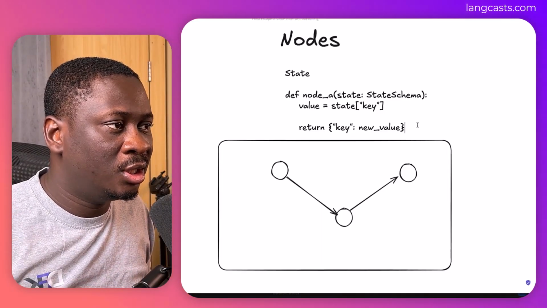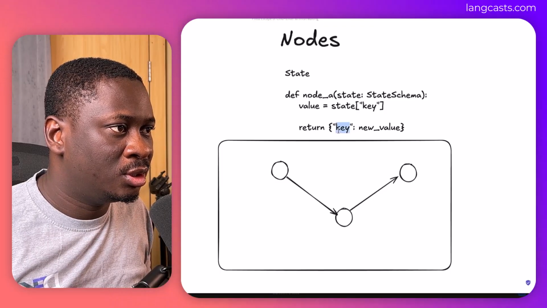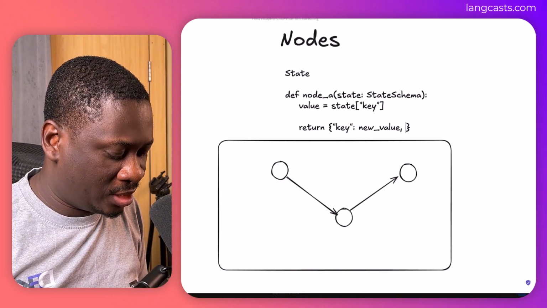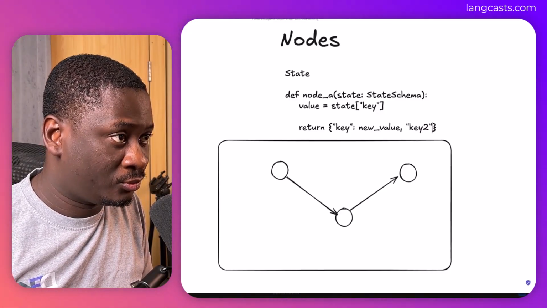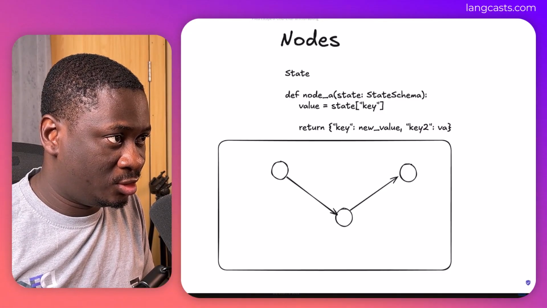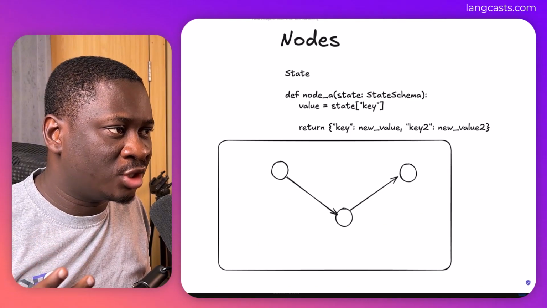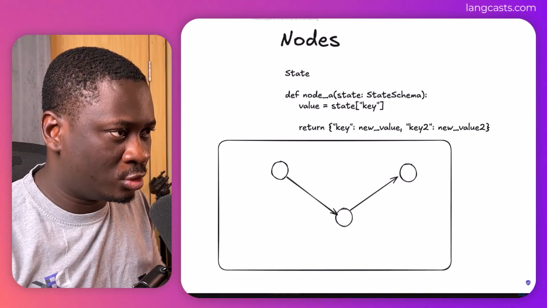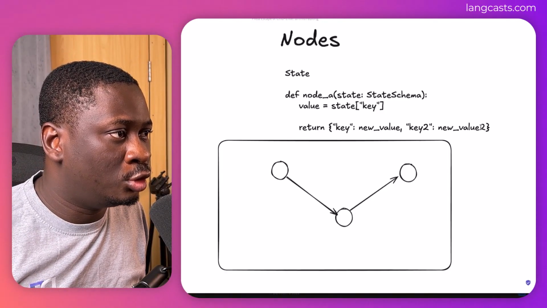You just need to return a dictionary of all the properties that you want to update. So let's say I want to update key, and I also want to update key 2. So I'll say key 2, and that will be, let's say, new value 2. You simply return only the properties that you want to update. That's how you work with state in your nodes.